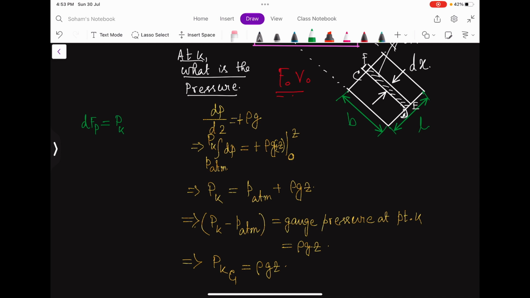So pressure at k into just dA. So pressure at k is p atm plus rho gz, into this dA, which means dx into b, that is width. So this is the elemental pressure force. So the total pressure force, I have to integrate this.